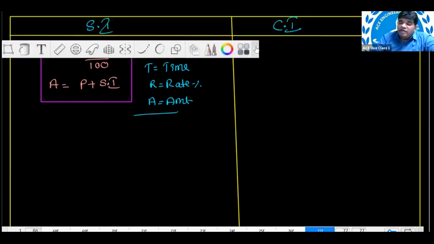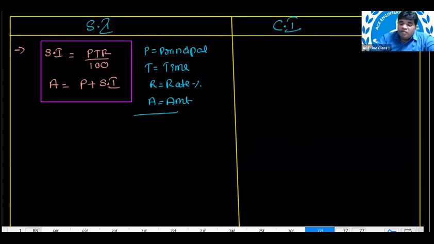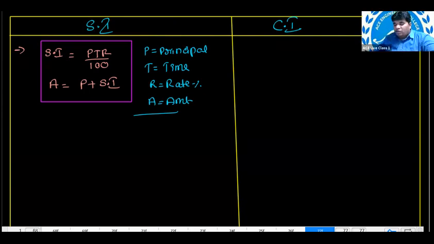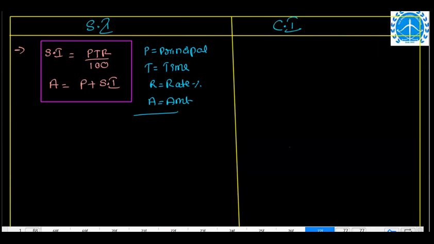Compound interest. Can anyone tell me what the compound interest formula is? P into 1 plus R by 100 whole power N, sir. That is equal to what value?